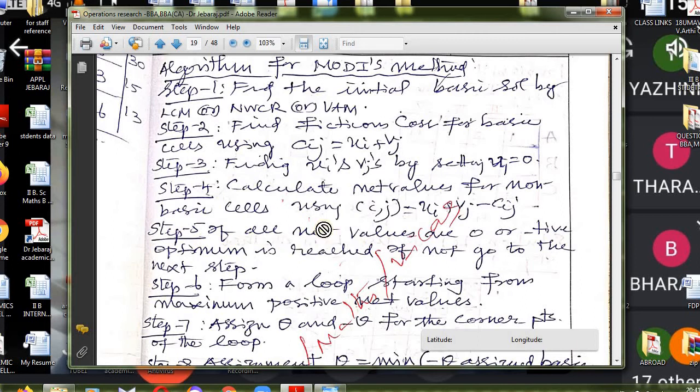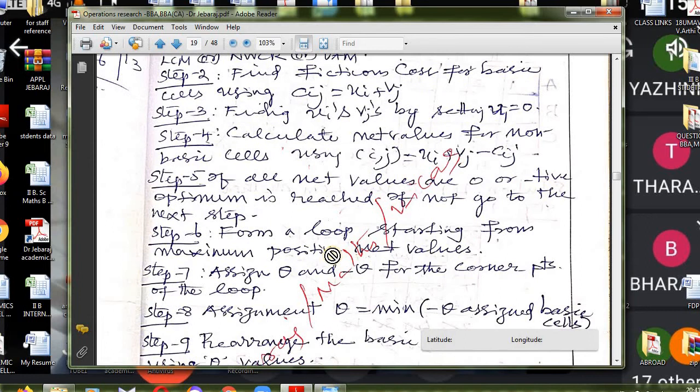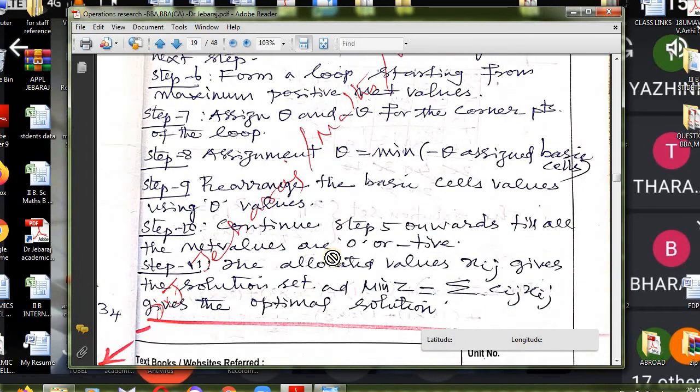From step number 2 onwards, we have to find fixed cost, we have to find net values. If all the net values are 0 or negative, that's all, the problem is over. But up to that, this cycle should go on.